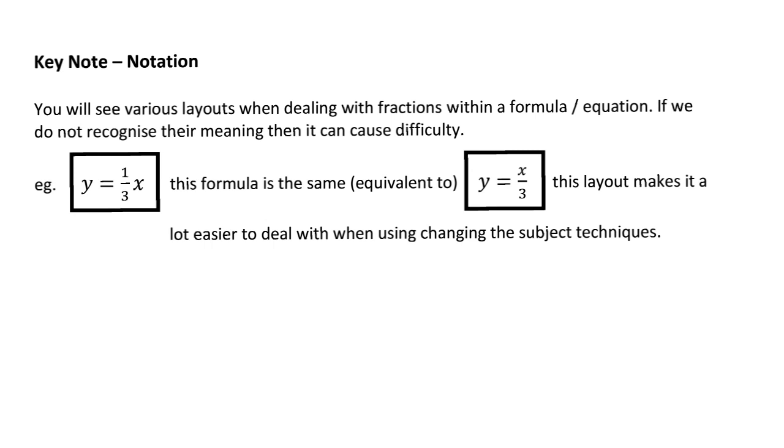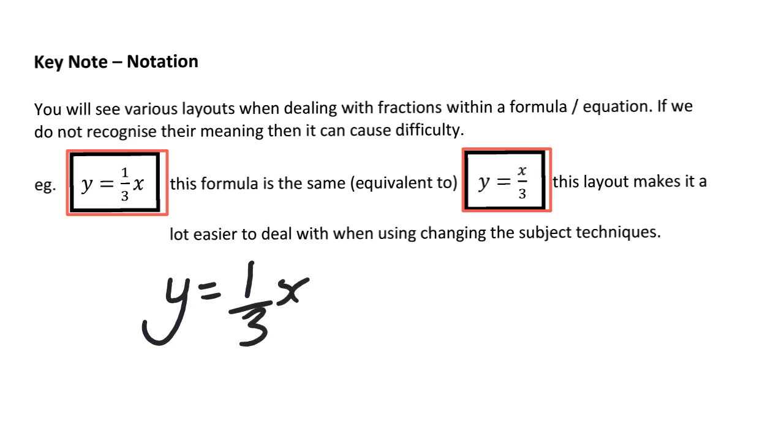Sometimes you'll hopefully recognize this style where we have y equals a third x, and also y equals x over 3. Now, they actually mean the same thing. The trouble we have with y equals a third x is it's not always immediately obvious what happens if I decide to change the subject.